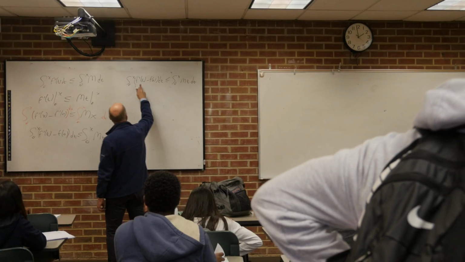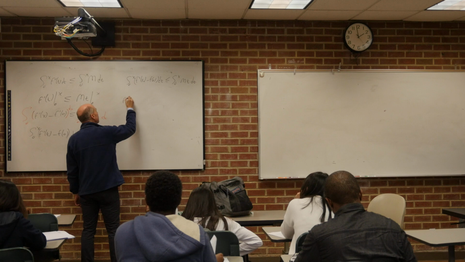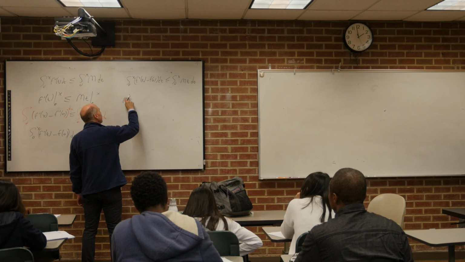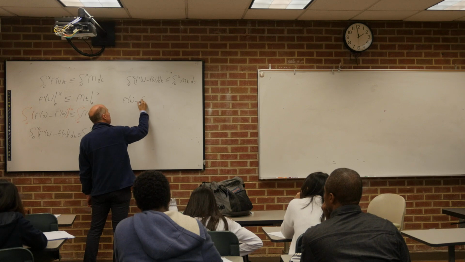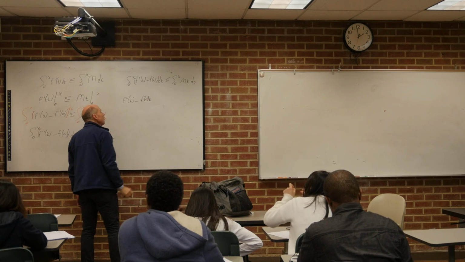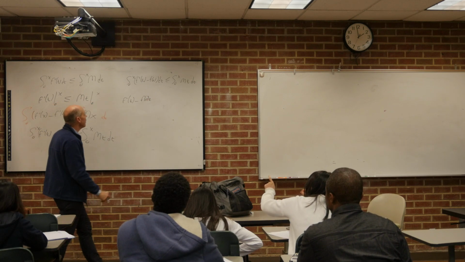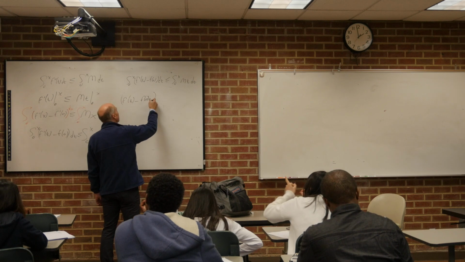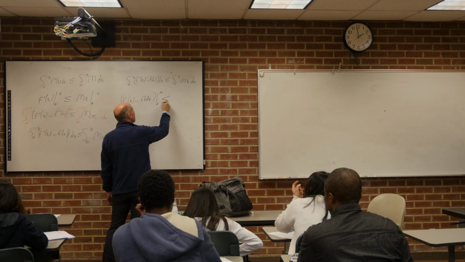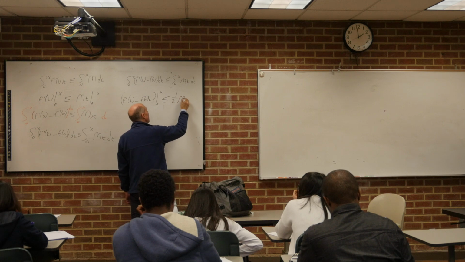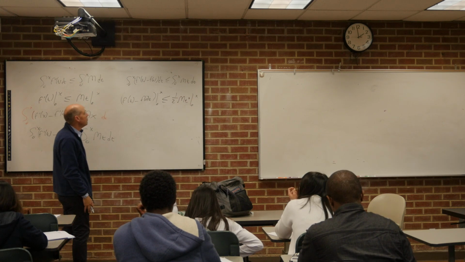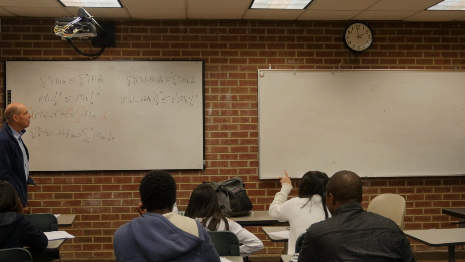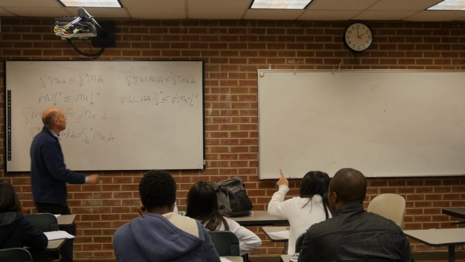The antiderivative of f prime is f. I've got f of t minus, and this f prime of 0 is a constant. So that's f prime of 0 times t, from 0 to x.